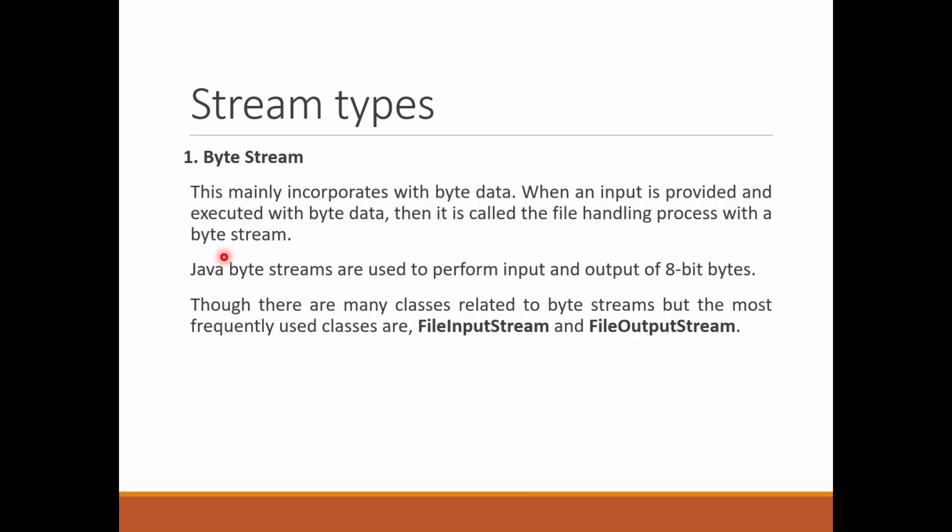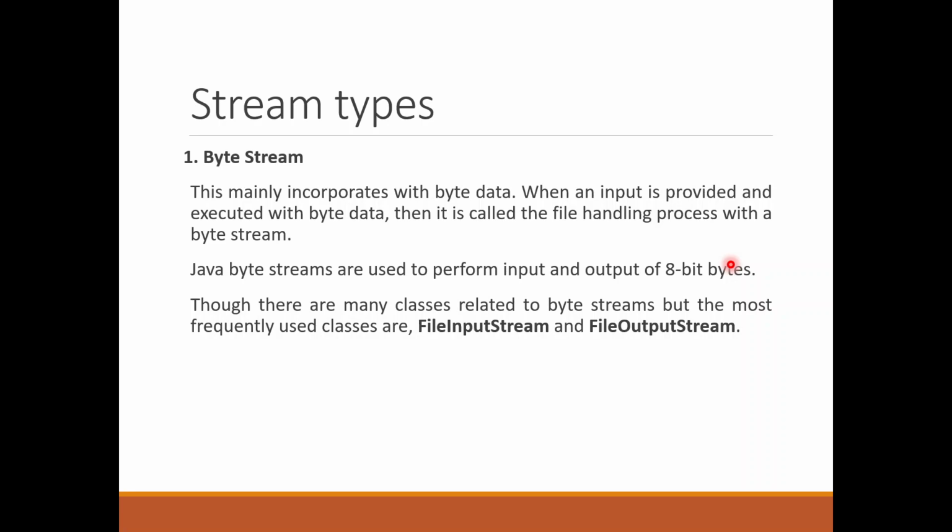So here input and execution deal with byte data itself. Byte data streams are useful to perform input and output of 8-bit bytes. You know that a byte is nothing but 8 bits.